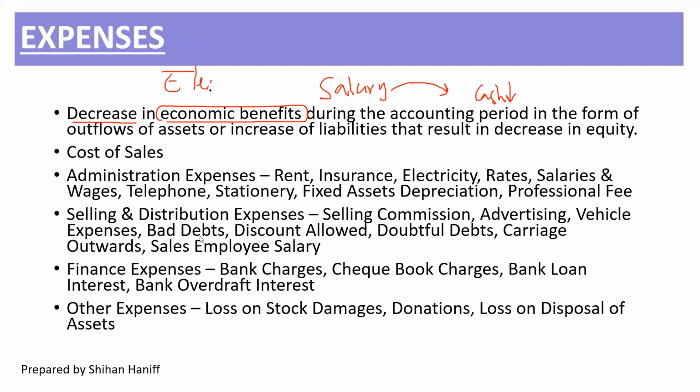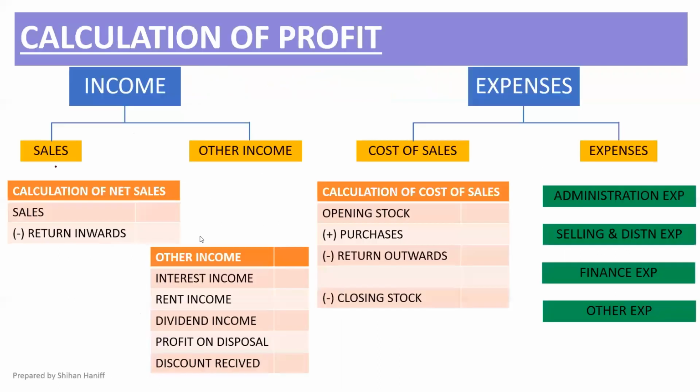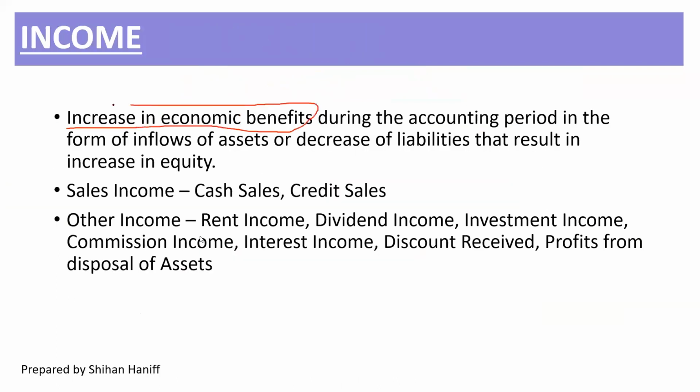When they pay the electricity, the cash will reduce. So it is a decrease in economic benefits. And income means an increase in economic benefits.